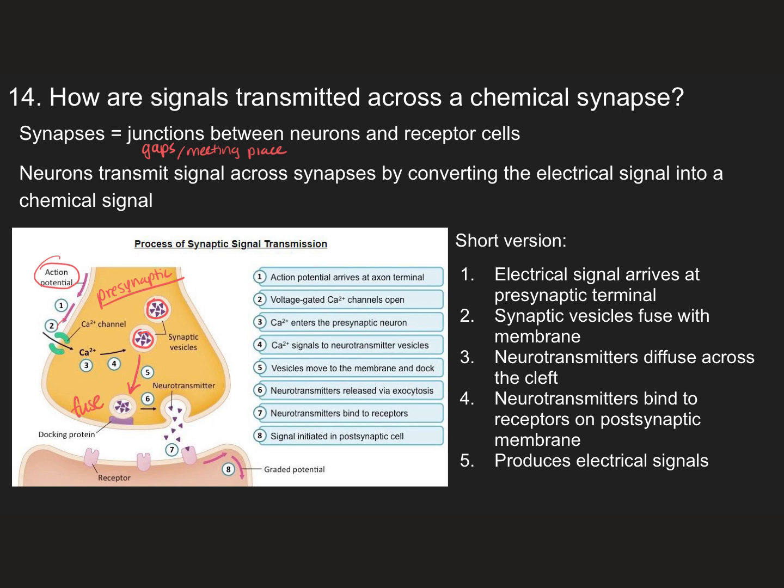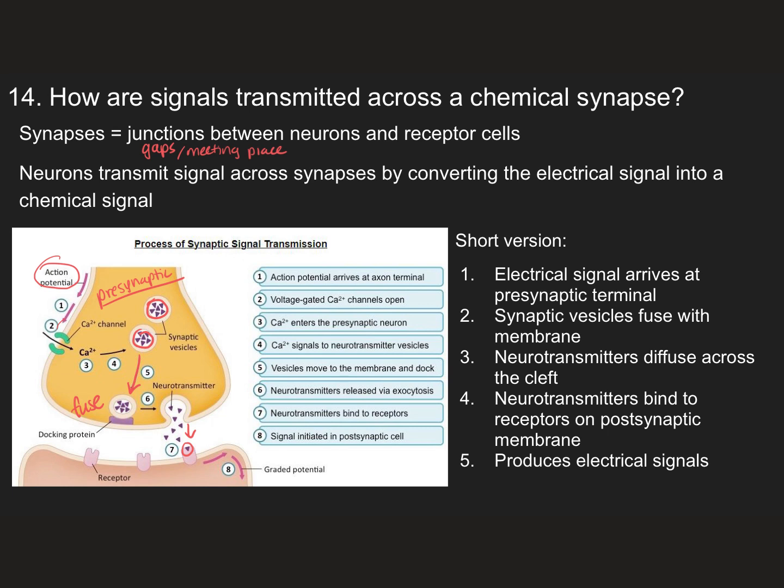Once it fuses, the neurotransmitters are going to leave via exocytosis. It fuses with the membrane and pushes out all of the neurotransmitters. They go through the synaptic cleft, that gap, where the signals are going to be received by the postsynaptic cell.